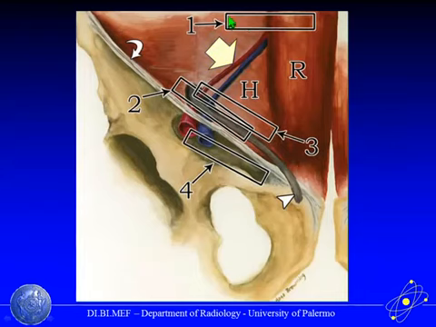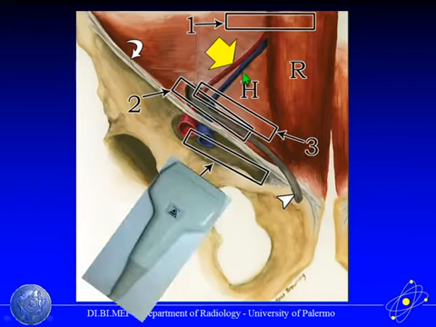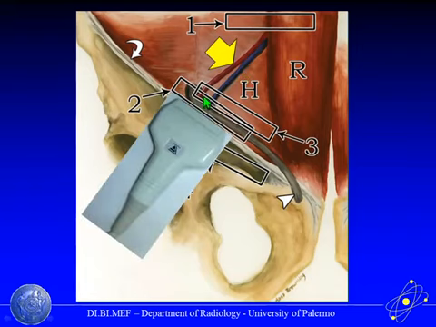If we move from position number 1 to position number 2, following the inferior epigastric vessels, this is the area where we locate our probe, right on the deep ring of the inguinal canal. This is the right location for evaluating an indirect inguinal hernia.